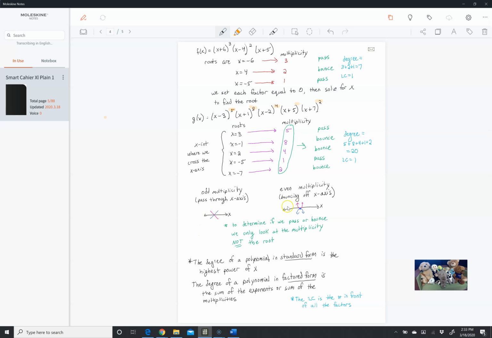And these arrows really aren't accurate because you're going into the x-axis and then coming out of. And then same thing here. You're going into the x-axis and then coming out of. And actually over here, we always talk about left to right. So when we travel across the graph left to right, it's going to look like that.